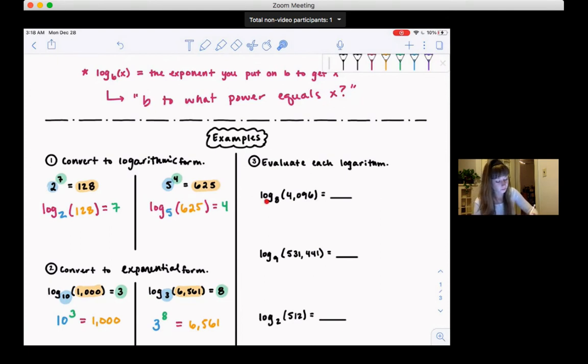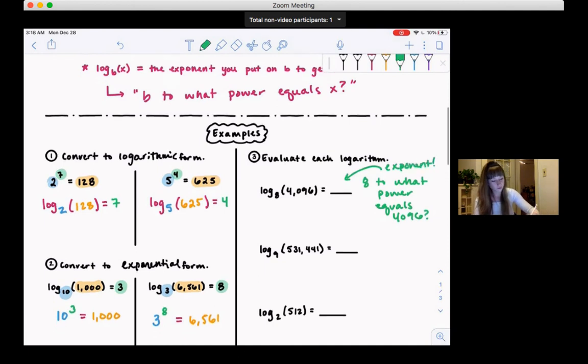So if we want to do log base 8 of 4,096, what we want to ask ourselves is 8 to what power equals 4,096? Because remember, whatever goes here on this side is an exponent. In the logarithm, this side is the exponent, right? So we want to answer this question: 8 to what power equals the answer number 4,096?